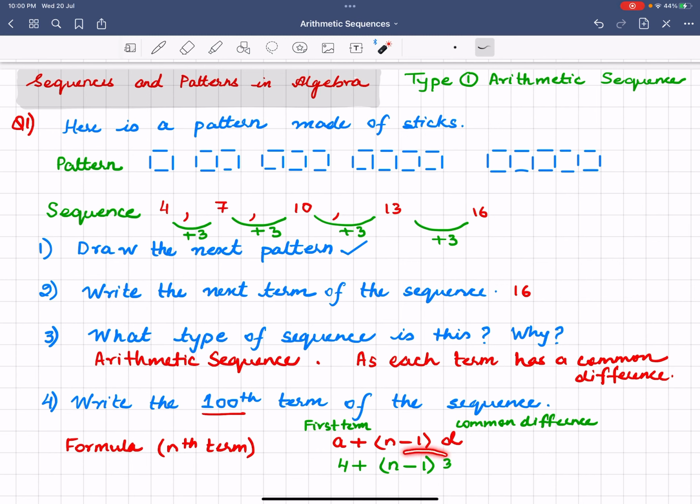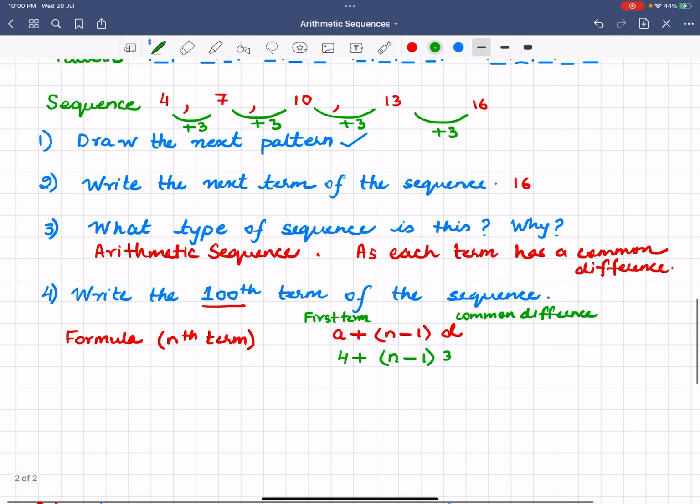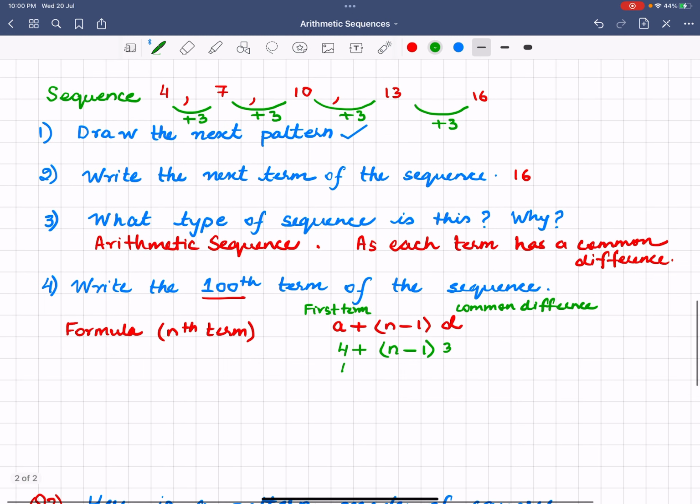So we will multiply 3 into n, which is 3n, and 3 into negative 1, which is negative 3. So we have here 4 plus 3n minus 3. We have the like terms here. My like terms are 4 and negative 3, as both of them are constants, which means they don't have any variable.